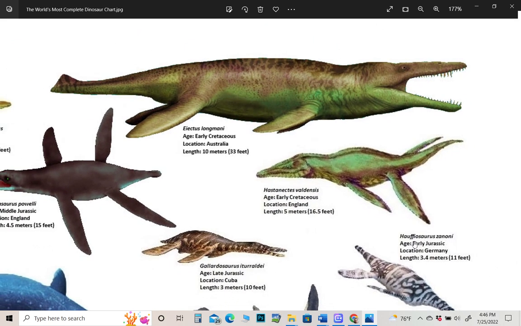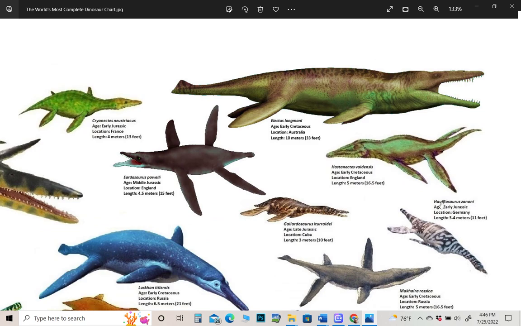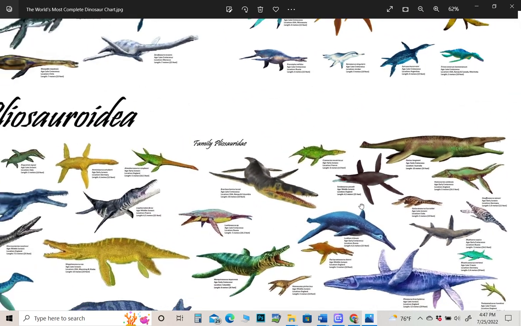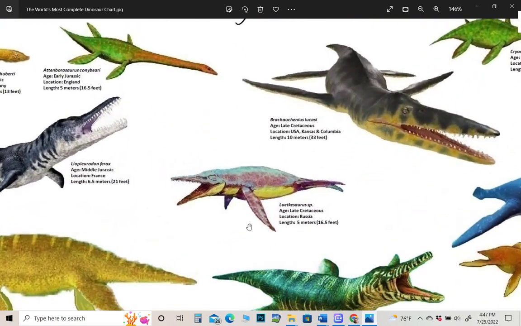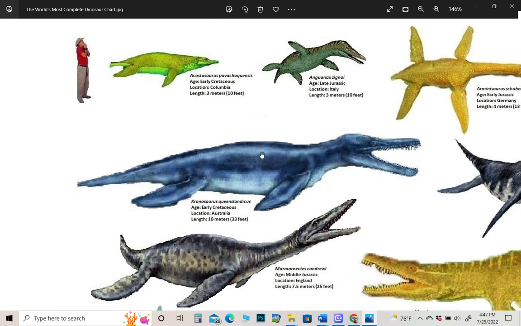Hostonectes, Gallardosaurus, Halphiosaurus on the side. This one was kind of set up in lines, but not exactly. And let's see here. Chronosaurus from Australia.